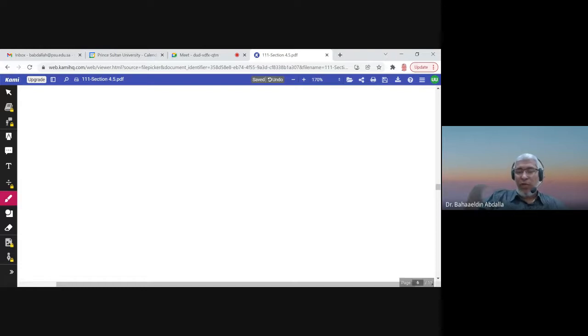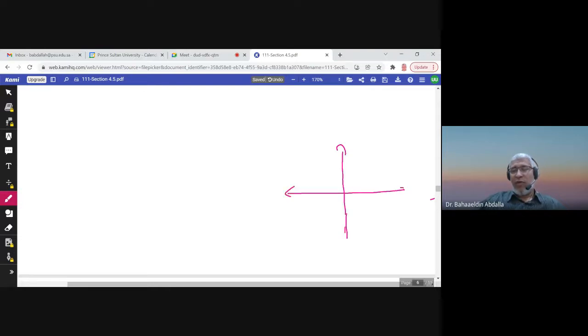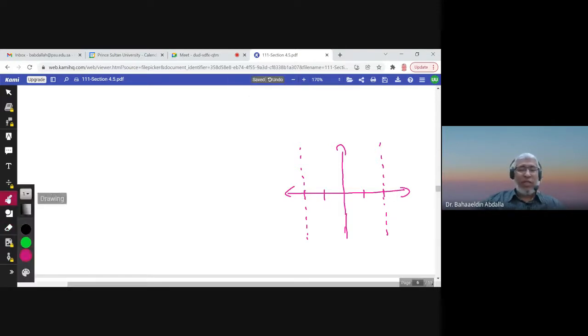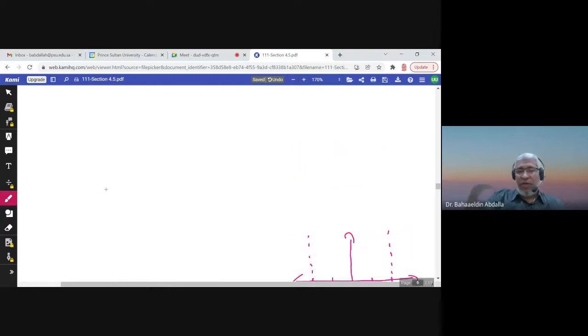That's very important because when we graph this function, the graph would be between negative 2 and 2. We don't know yet what would happen at negative 2 and 2, but these two numbers represent an end of the interval.